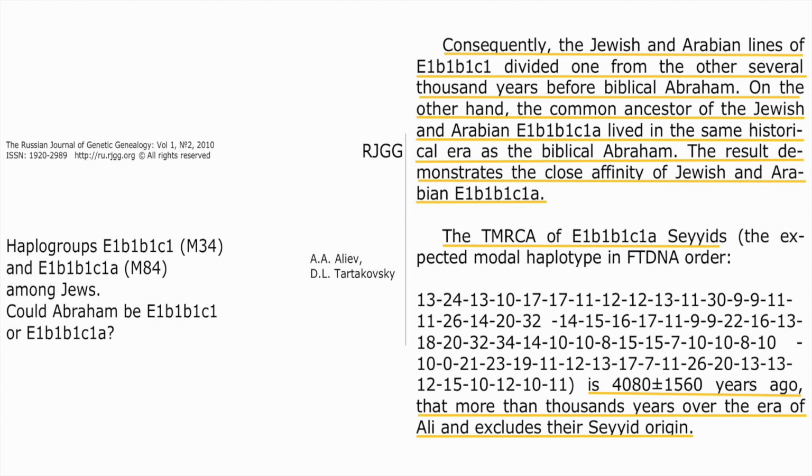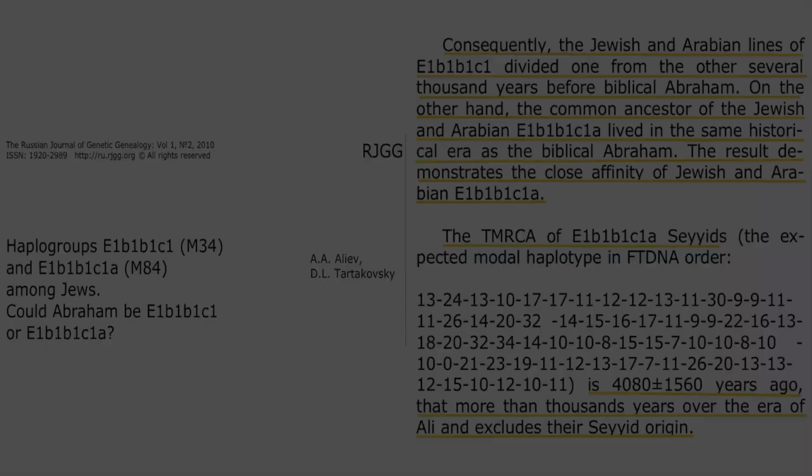The result demonstrates the close affinity of Jewish and Arabian E1b1c1a. The TMRCA of E1b1c1a Saids is 4,080 plus or minus 1,560 years ago. That is more than thousands of years over the era of Ali and excludes their Said origin.